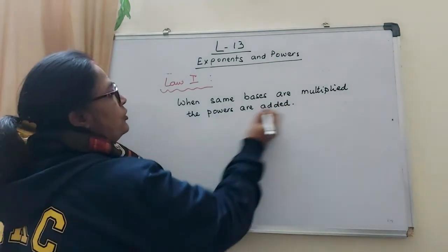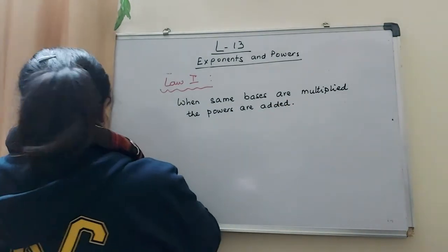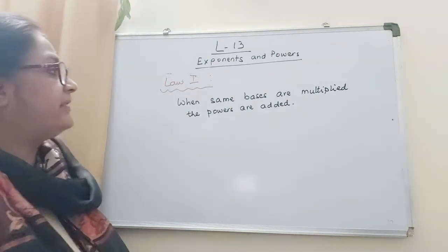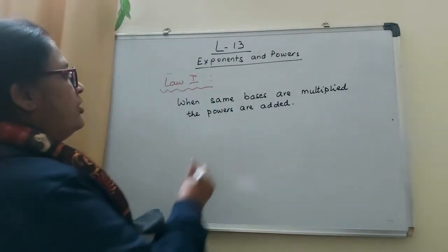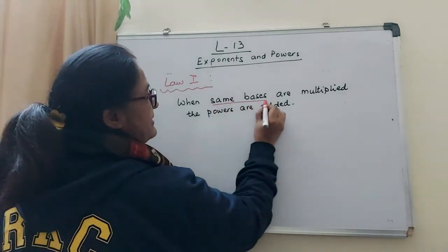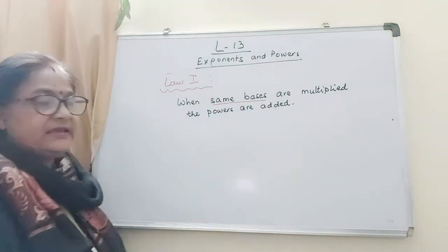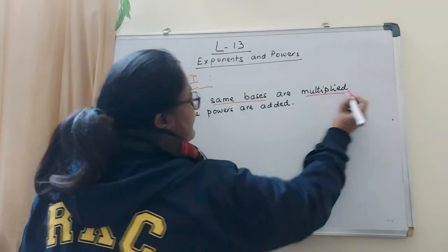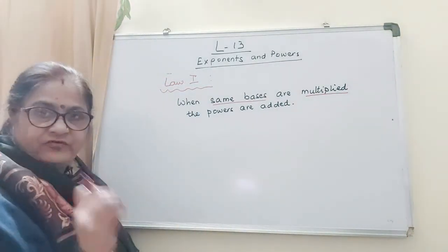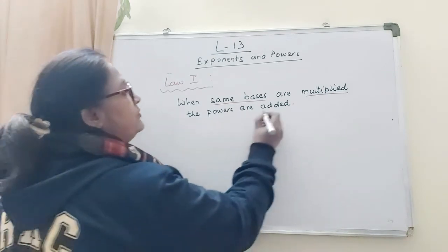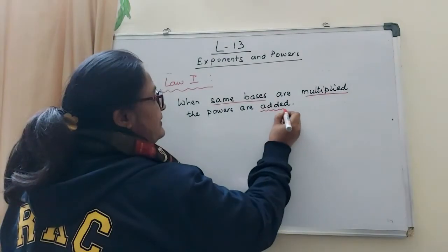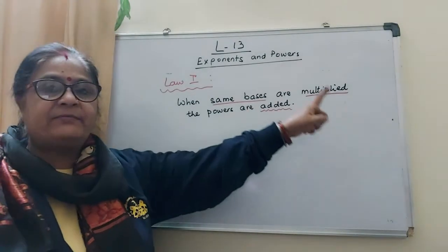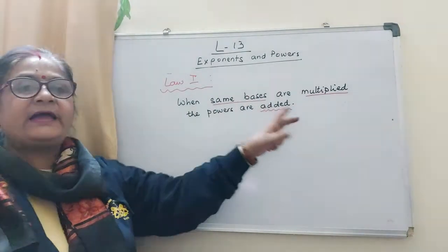What do we do? We add the powers. When do I add the powers? There are 3 points to remember. Number 1, same bases. Bases must be same. Operation must be multiplied. You have to multiply it. Then what do we do to the powers? We add the powers. When same bases are multiplied, the powers are added.